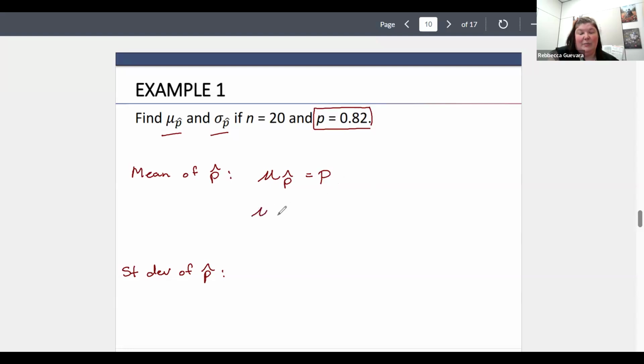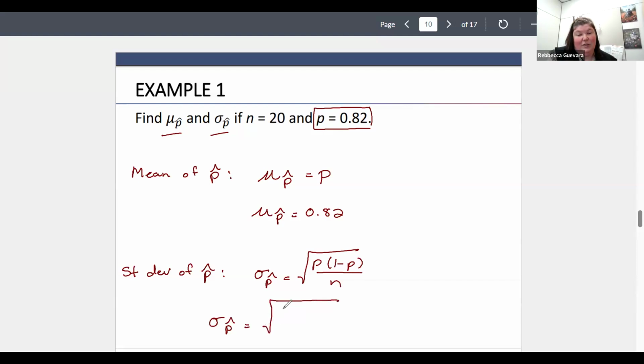So what we got here is that mu p hat is going to be 0.82. The standard deviation, sigma sub p hat, is supposed to be equal to the square root of p times 1 minus p over n.